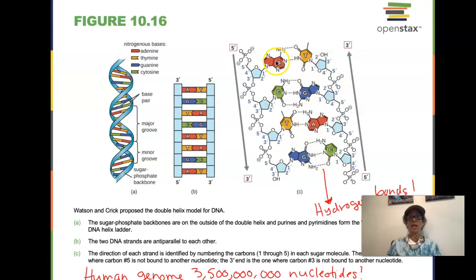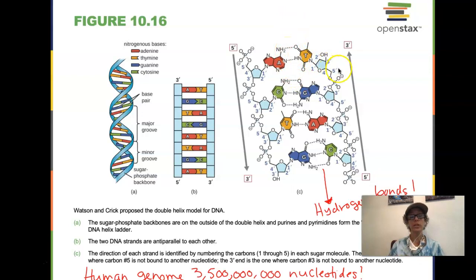Anytime there's an A, it is directly across from a T. Anytime there is a C, it is directly across from a G. Adenine-thymine pairs only have 2 opportunities to do hydrogen bonding, but cytosine-guanine pairs have 3 places that they can do hydrogen bonding. So GC pairs are stronger than AT pairs.